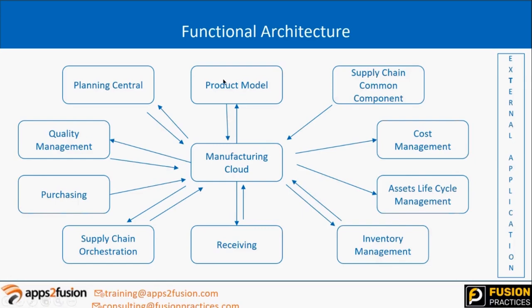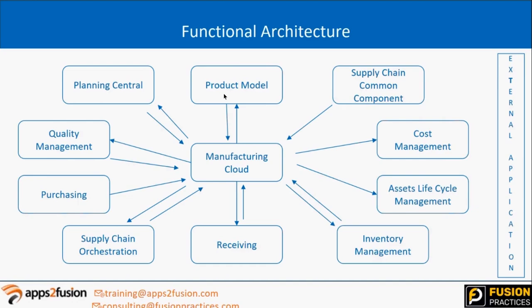So here, let's start with this box called product model. Product model is nothing but the place where you define your items. It's the product information management, and all the item details are shared over here. In the sense, it tells the manufacturing cloud the type of item, the item structure, and what components are needed to build that item.